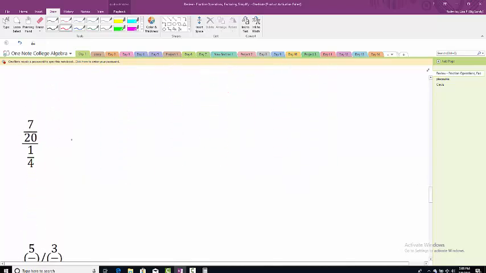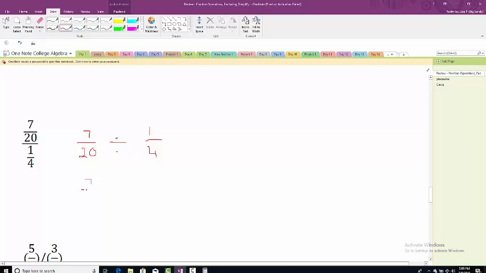Here we have a double-decker fraction, 7 over 20 divided by 1 over 4, and so we're going to change it to multiplication.